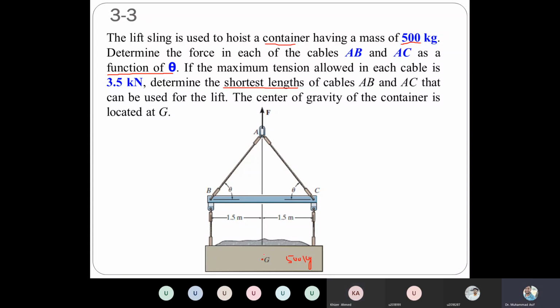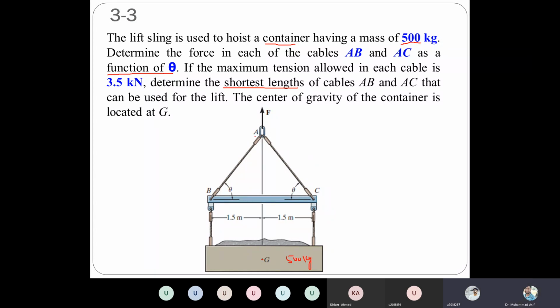But how will you correlate this G with these unknown forces, because we have to calculate these unknown forces. One force is along AB, one is along AC. So how are you going to select? Sir, we will select A.